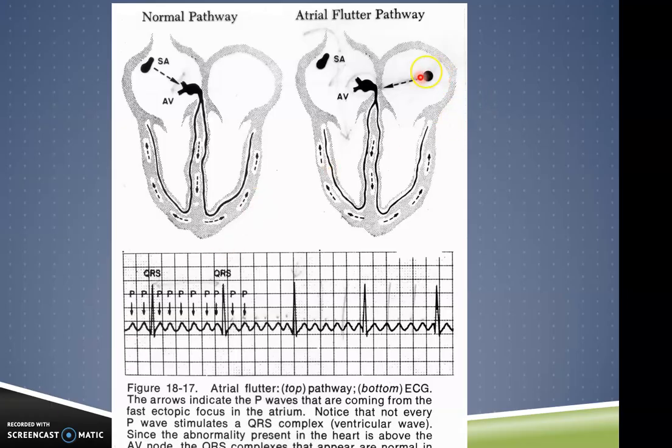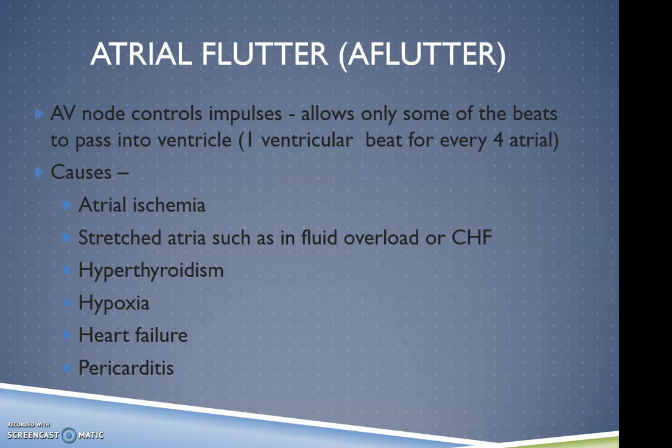So we have one cell firing. And once again, the AV node controls the impulses. It will not allow every beat because it's way too rapid, but it'll allow some of them. Sometimes it's one beat for every 4 or one beat for every 3. It can vary.